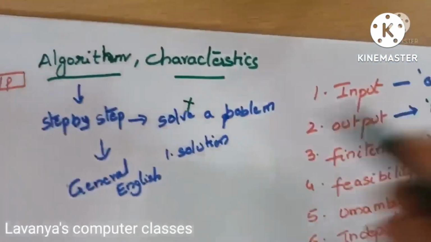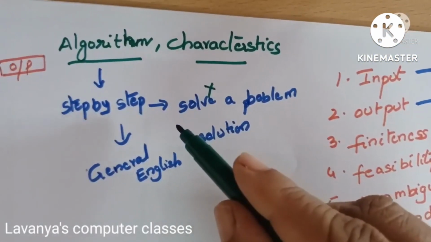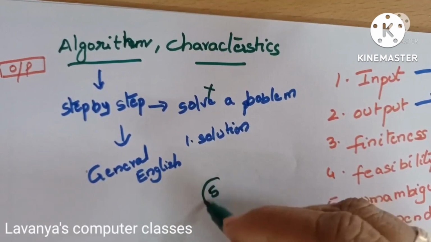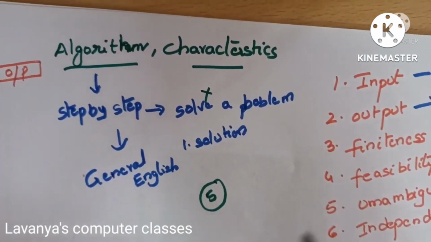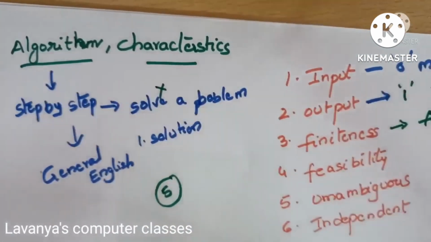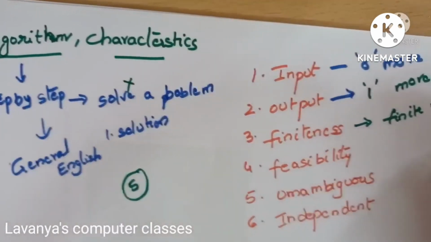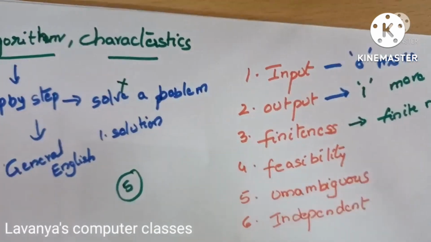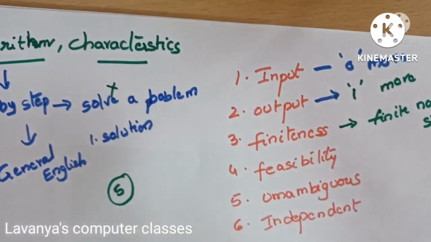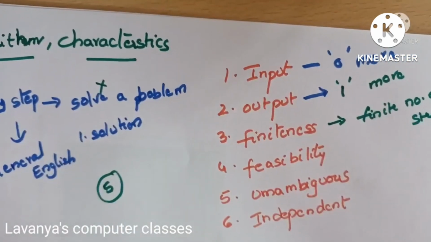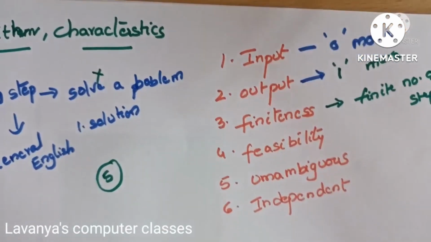If it goes to infinity and does not stop, then somewhere you are making a mistake. That is called finiteness. The algorithm must terminate after a finite number of steps.